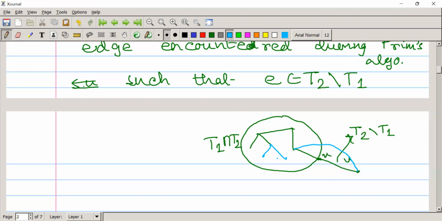Say these blue edges are in T1 and not in T2, and the graph was with these vertices only. Okay, just forget this.